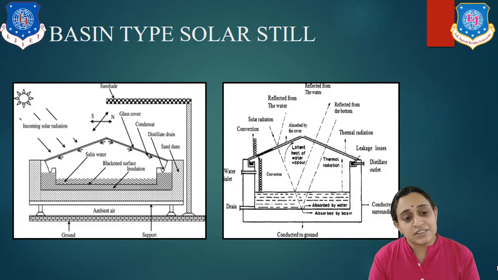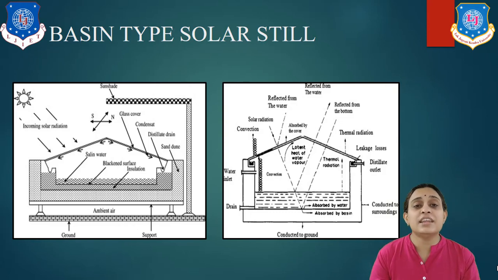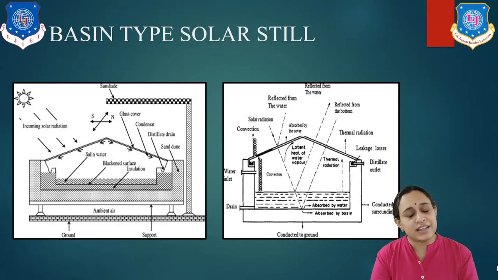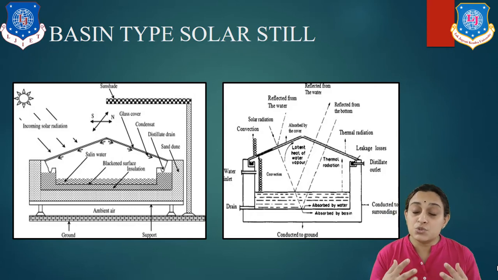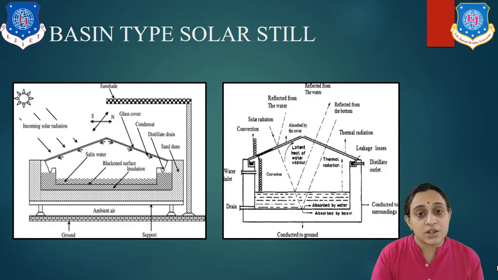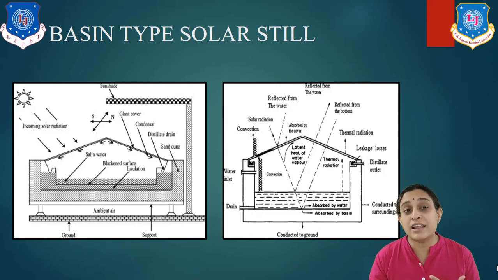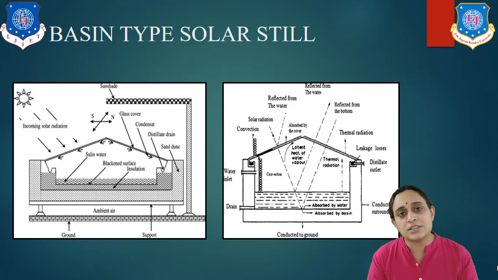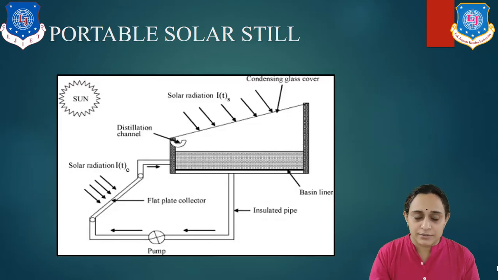And in Avania village of Bhavnagar district, a similar solar still of 5,000 liter capacity has been made to supply drinking water. So it is very important, and many experiments are being done on the solar still nowadays. Because there is a lack of drinking water all over the world, we are trying to research more and more about the solar still, and we will get drinking water if we require.